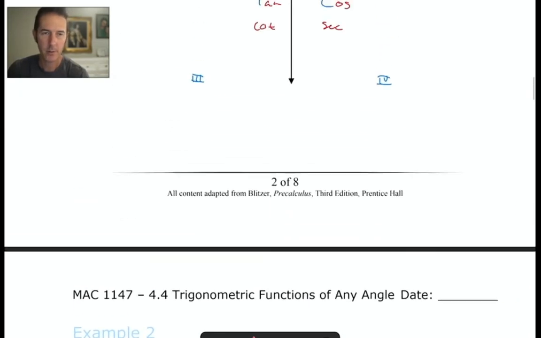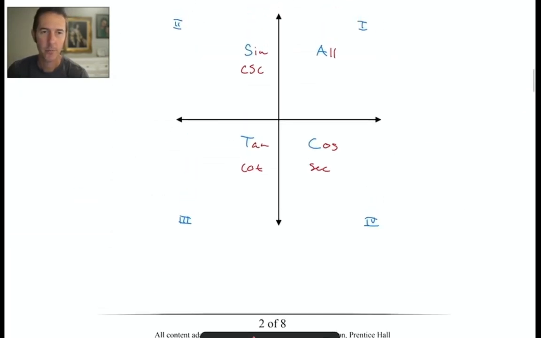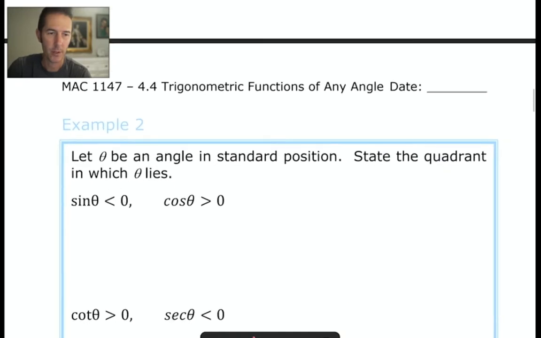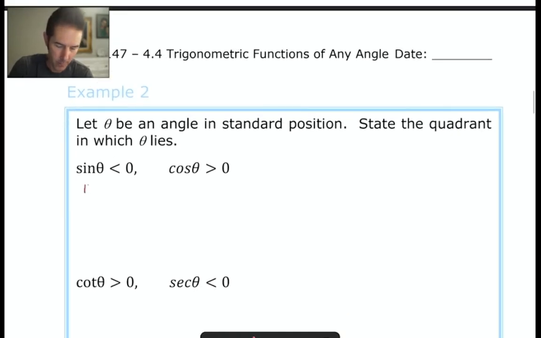Let's reference the visual that we had on the previous page. We know that the sine is going to be positive in the second quadrant, and we know that all of our trig functions are positive in the first quadrant, so that's where they're positive. So where is the sine function going to return a negative answer? That's in the third and fourth quadrants. So I'm going to go down here again and put a little note.